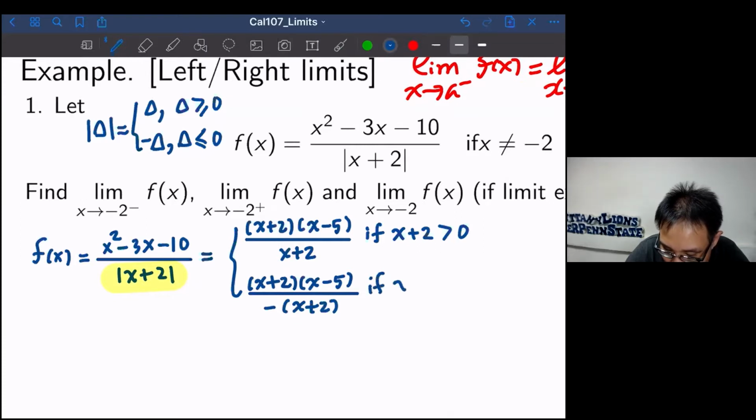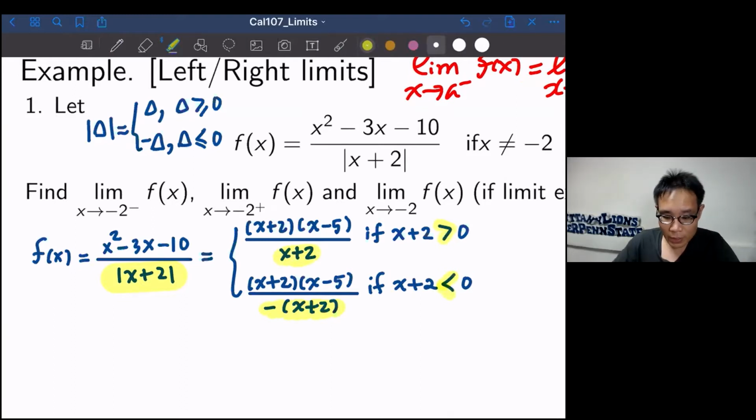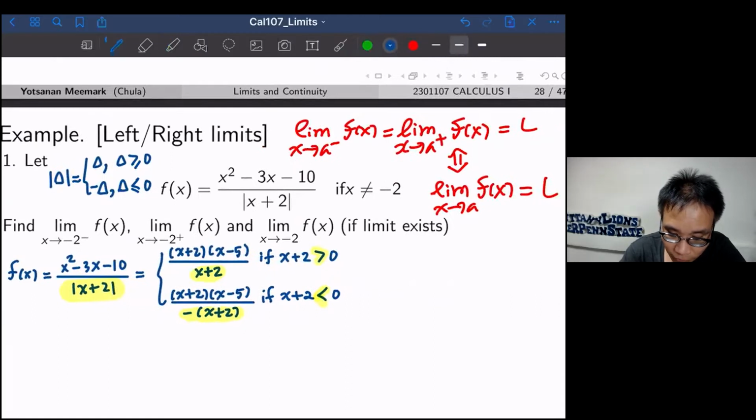So you have two cases for the absolute value, according to positive or negative, and you'll be able to simplify.